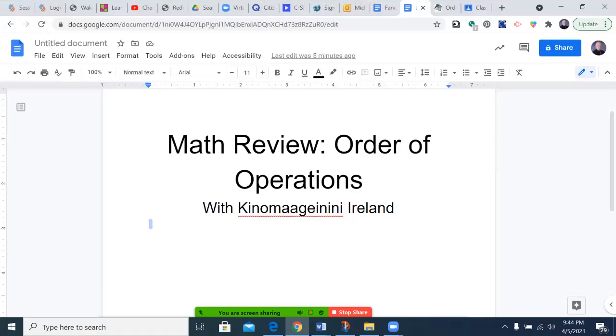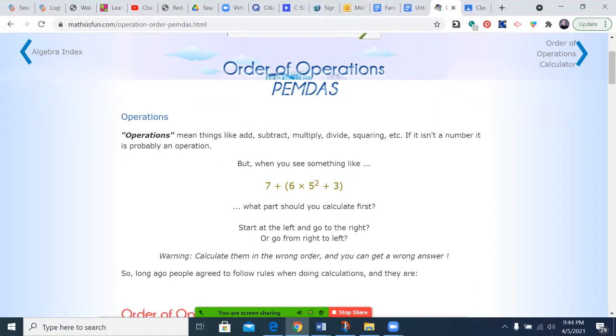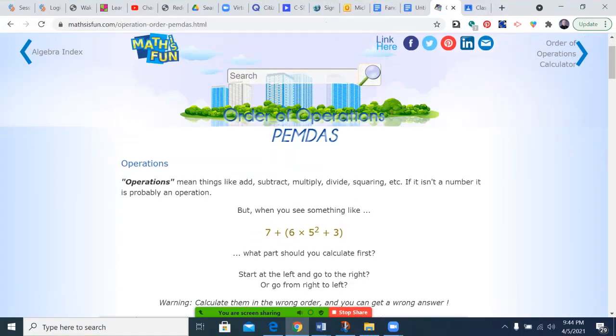Today's episode, Order of Operations. We'll begin with mathisfun.com as the basis of our lesson today.